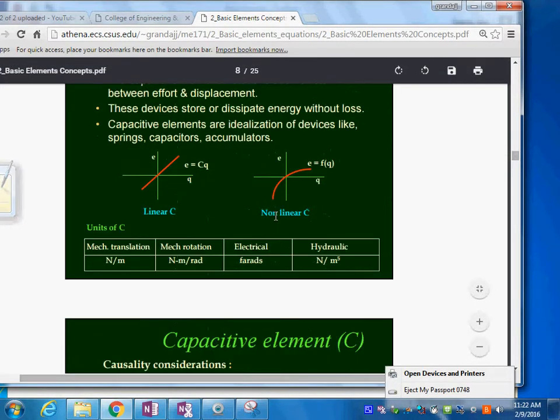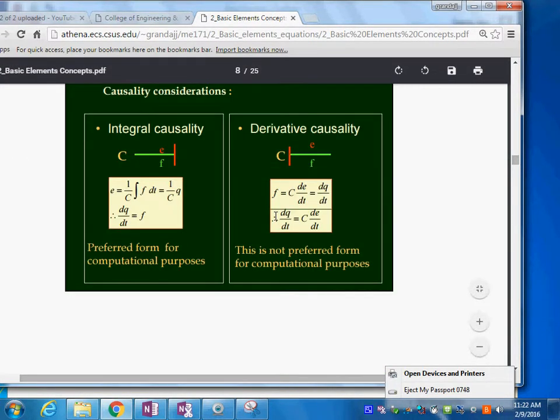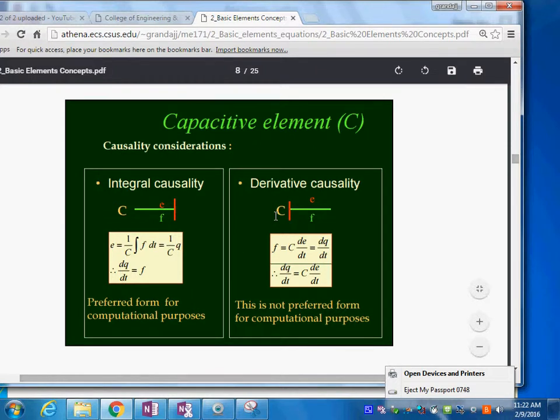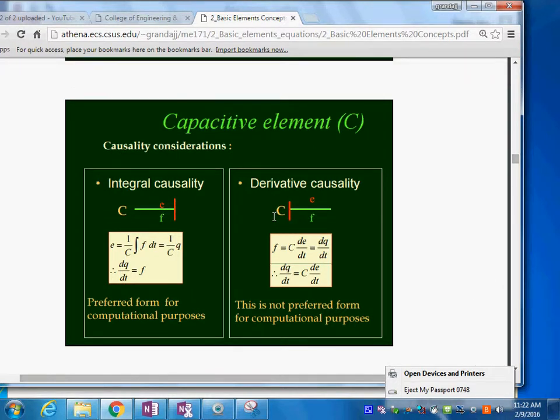So you have the integral form, which means 1 over C the integral of F dt, and then you have dQ/dt equals F. So that's the differential equation that is born out of this.